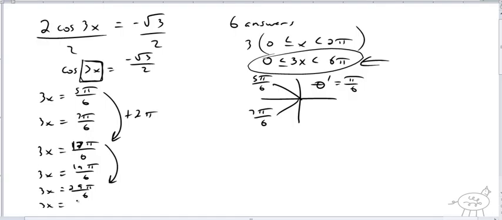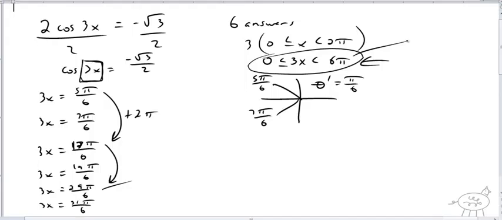And 3x equals 31 pi over 6. Okay? And 31 pi over 6 is definitely less than 6 pi, because 6 pi is 36 pi over 6. If I would get confused and add another 2 pi to that, right? That would give me 41 pi over 6, which is bigger than 6 pi, bigger than 36 pi over 6.